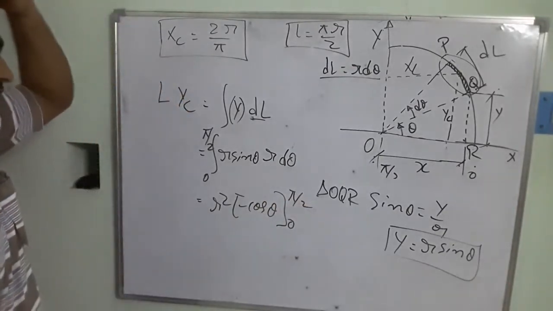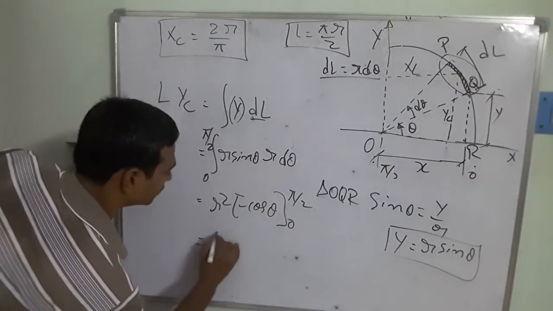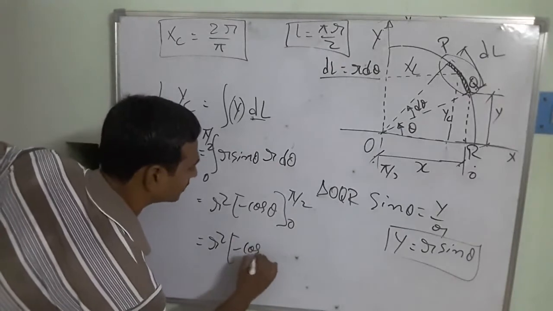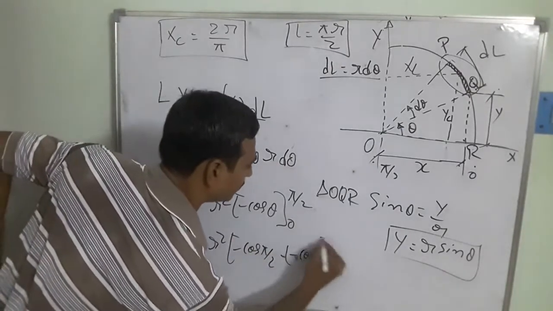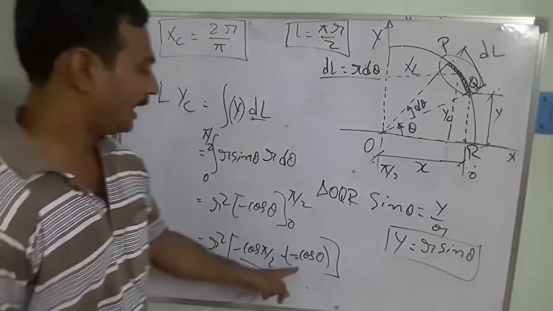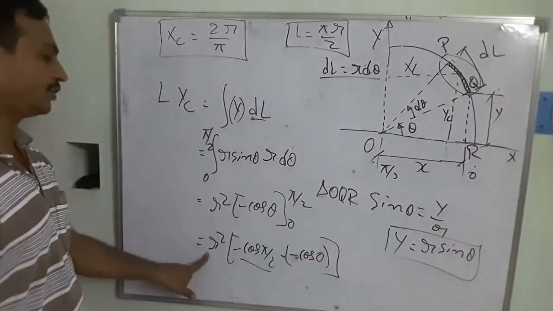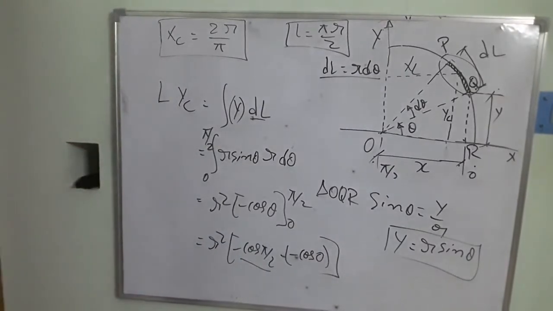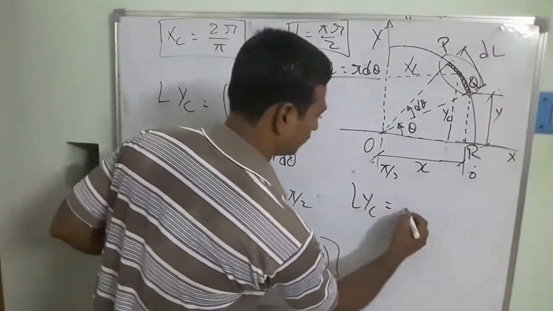What values do we get in this case? That's r square times minus cos pi by 2 minus of minus cos 0. Cos pi by 2 is equal to 0 and cos 0 is equal to 1, and we get the positive value. So L yc is equal to r square.